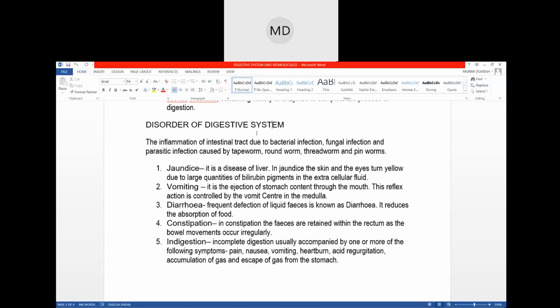Suppose anything related to indigestion, whenever you eat food and that food is not getting digested, that is known as indigestion. Anything related to indigestion, food poisoning, food infections, all those will be counted under disorders of the digestive system.